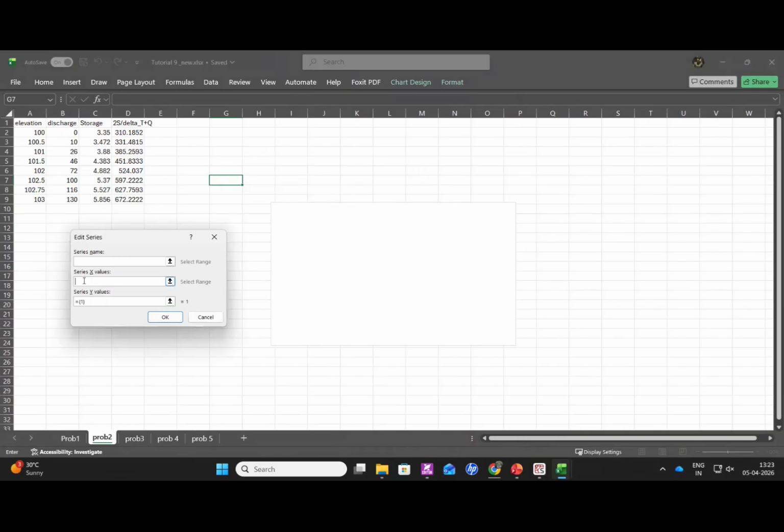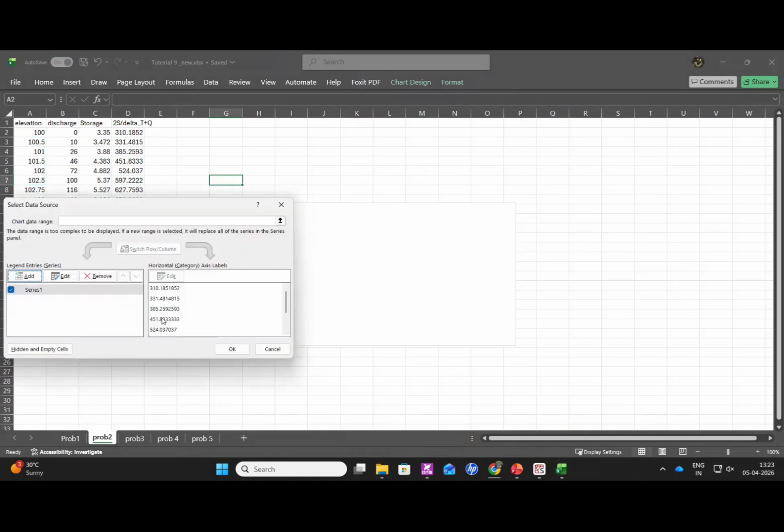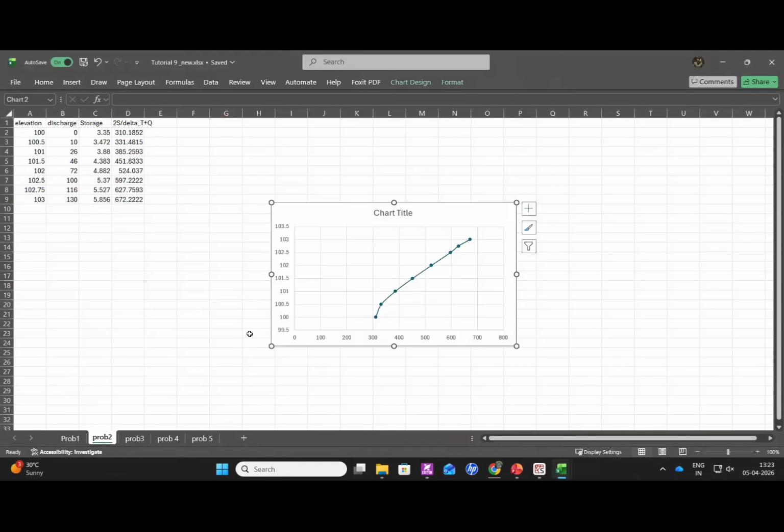On the x-axis, we plot 2S upon delta T plus Q, and on the y-axis, we are going to plot the elevation. So this is going to be our first plot.